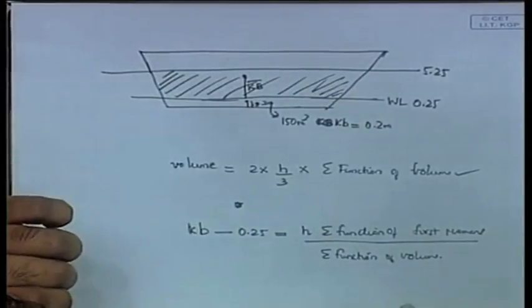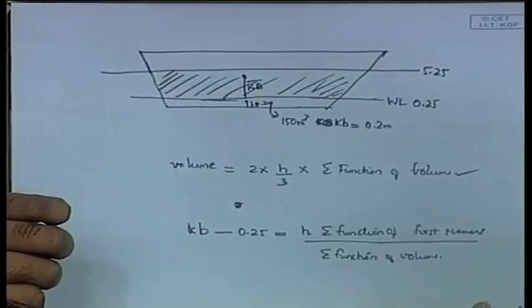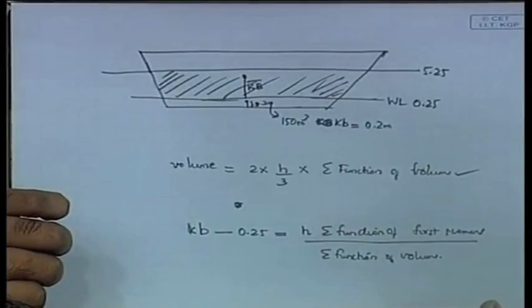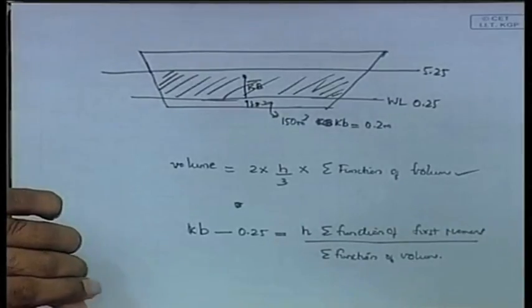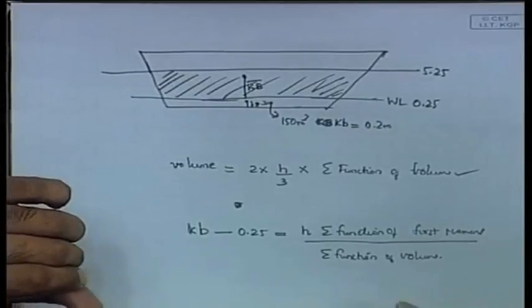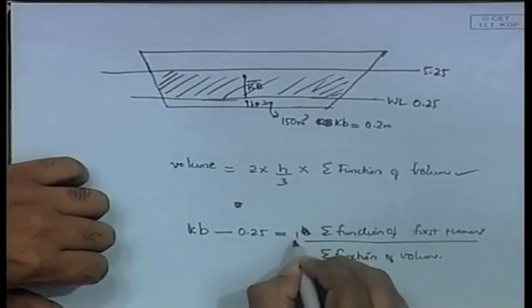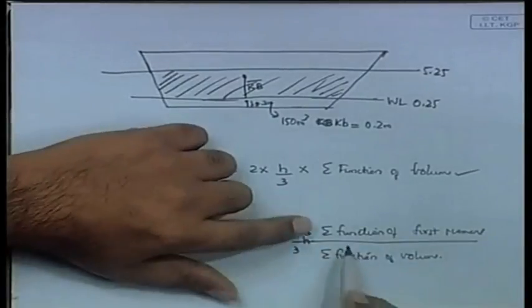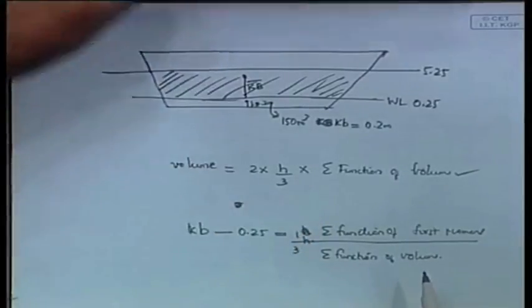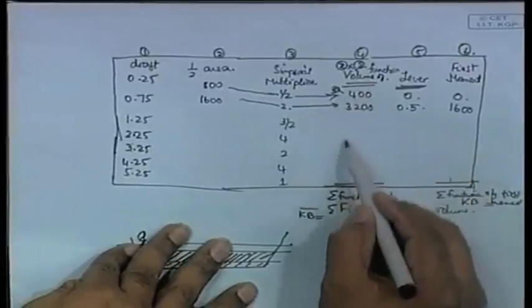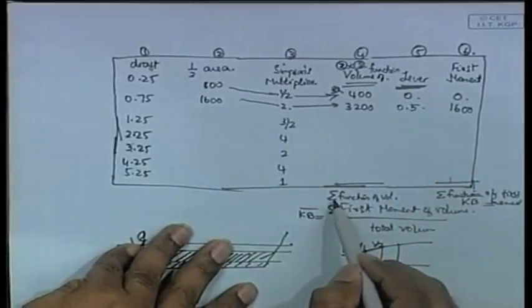Isn't there an h by 3? Usually I think there should be an h by 3. I'll check this and tell you, but I believe there should be a 1 by 3 h into sigma function of first moment divided by sigma function of volume, that is all these volumes added up.